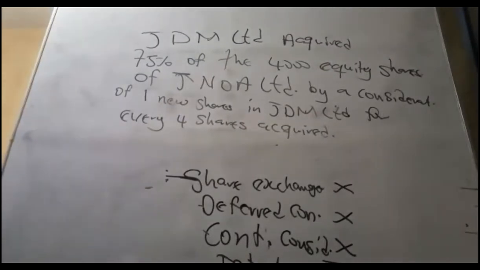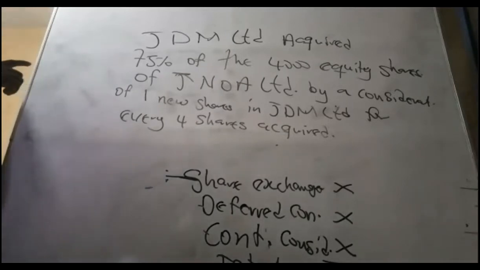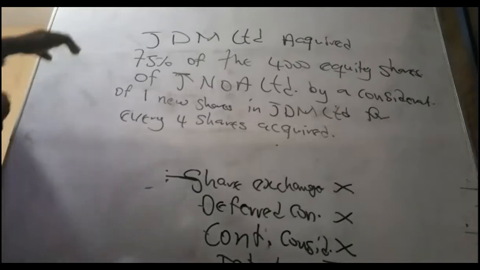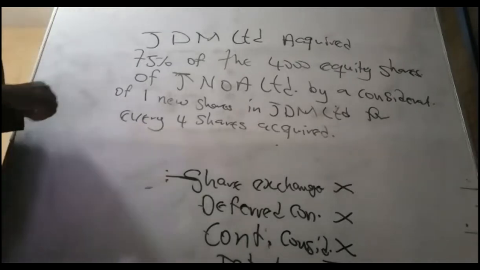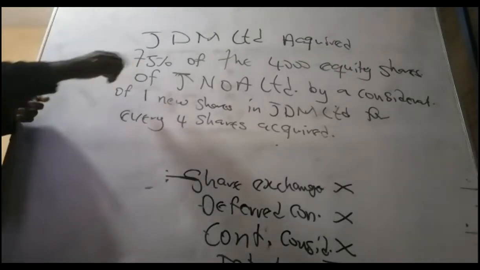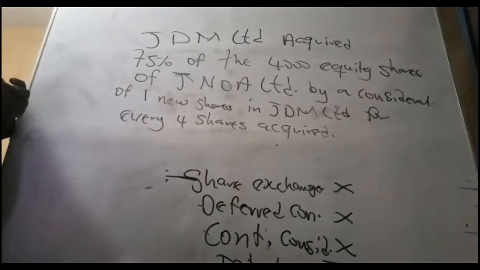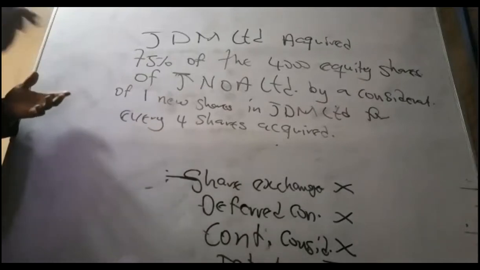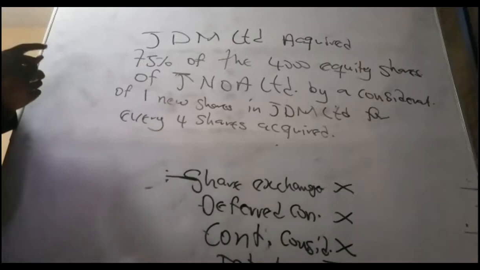So sorry about that. The sound wasn't coming. Now the question goes like this: JDM Limited acquired 75% of 4,000 equity shares of JNOA Limited.